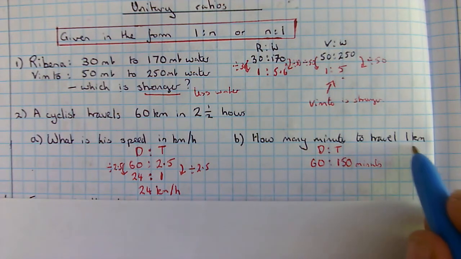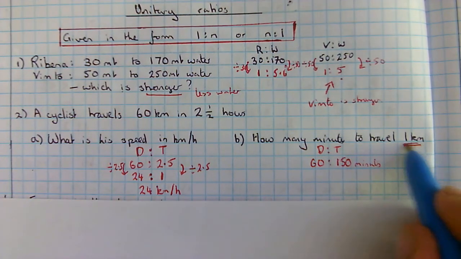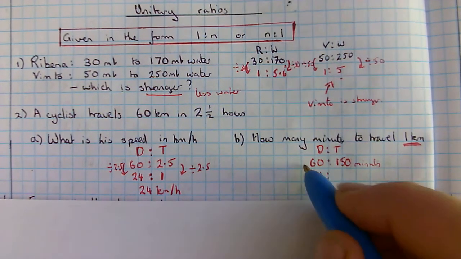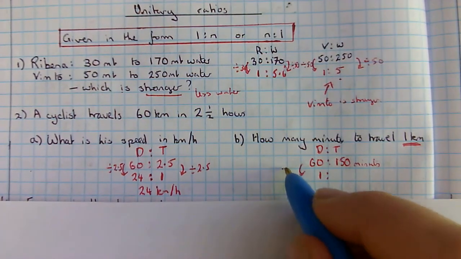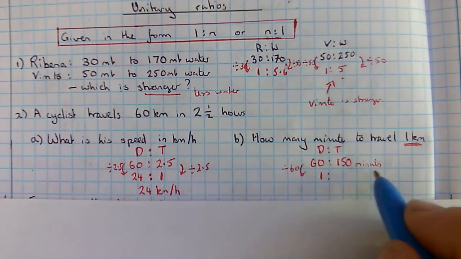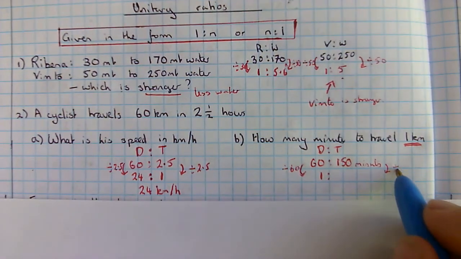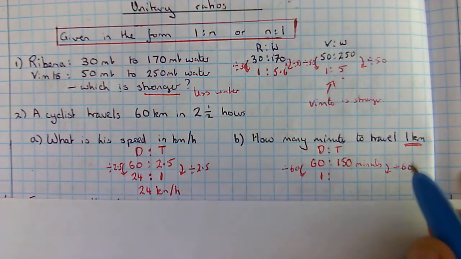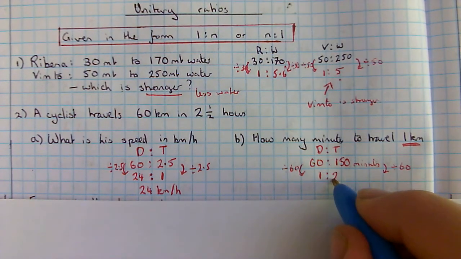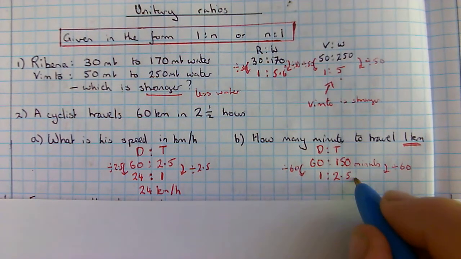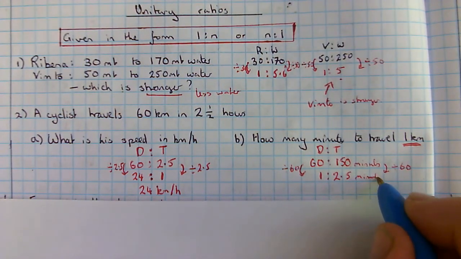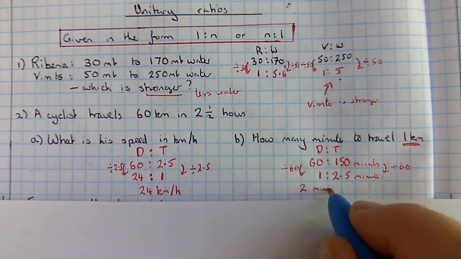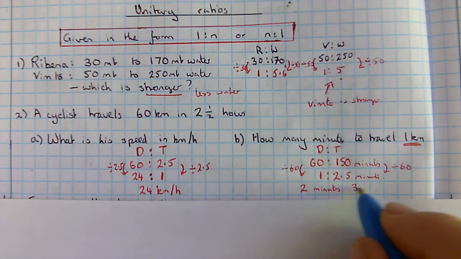Notice this time it wants 1 kilometre, so I'm going to put the 1 on the distance side. I'm dividing by 60, which means I need to divide by 60 here. 150 divided by 60, again we should be reaching for our calculator, is 2.5 minutes. 2.5 minutes, 2 minutes, 30 seconds.